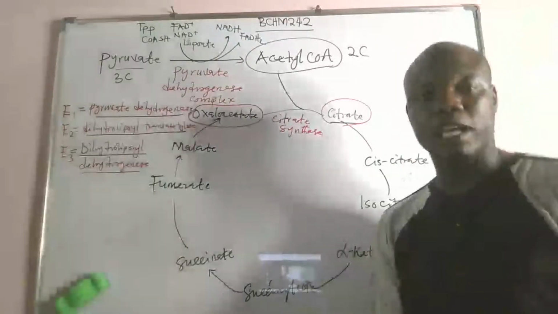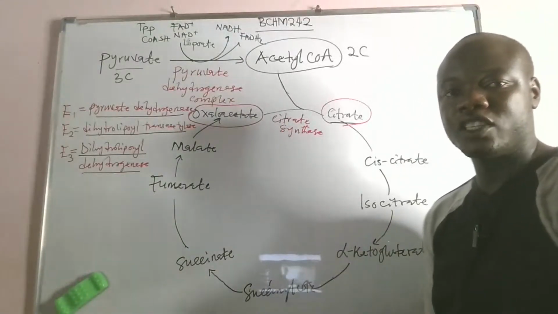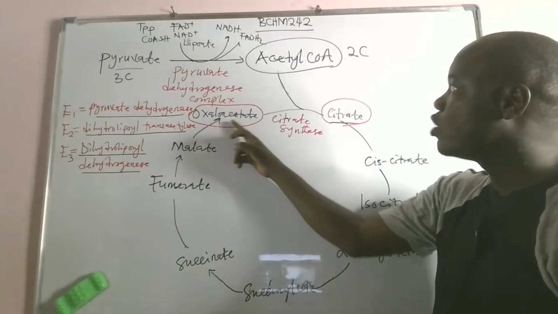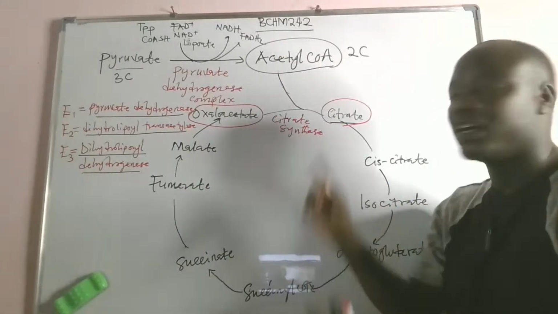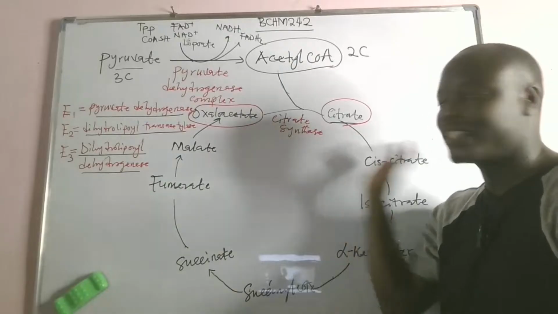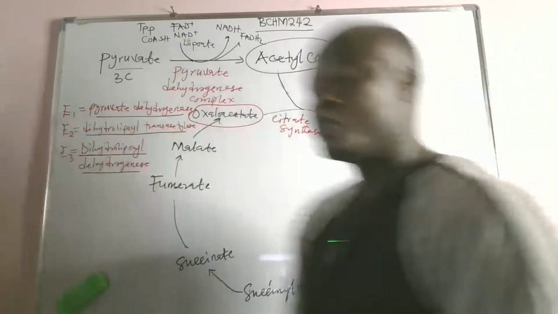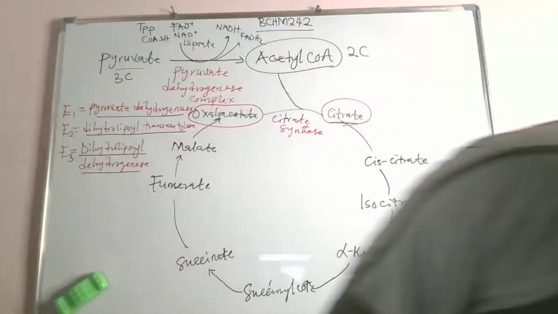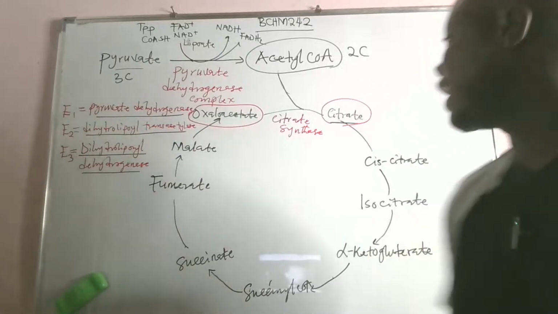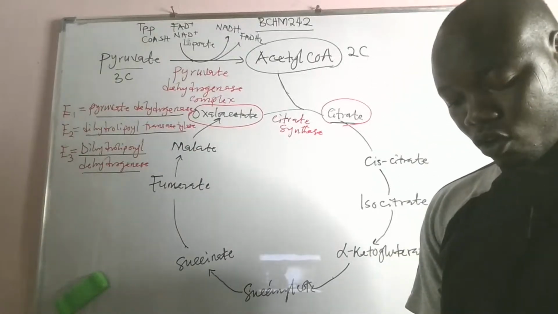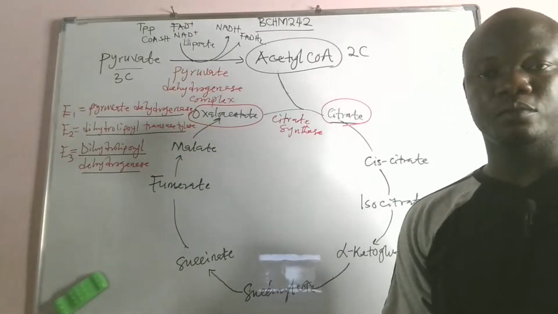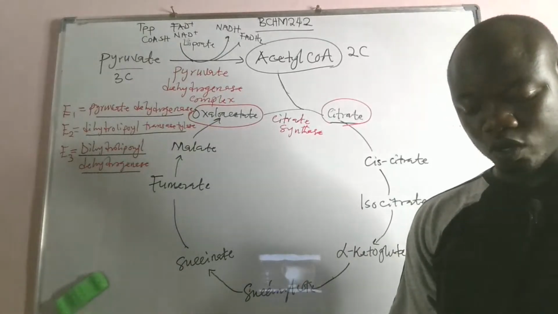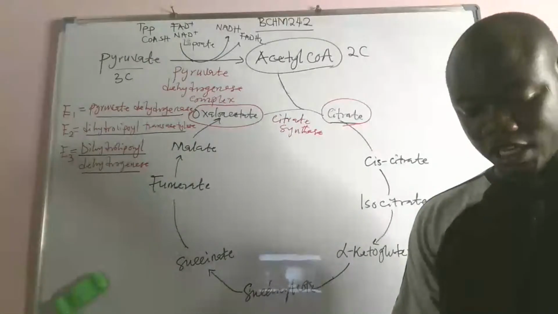So that is the name of the enzyme. The enzyme citrate synthase condenses oxaloacetate and acetyl-CoA together to produce citrate. So after this citrate is generated, what next? The citrate will be converted to generate cis-aconitate using an enzyme called aconitase.